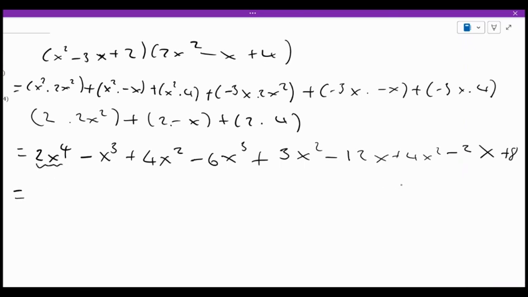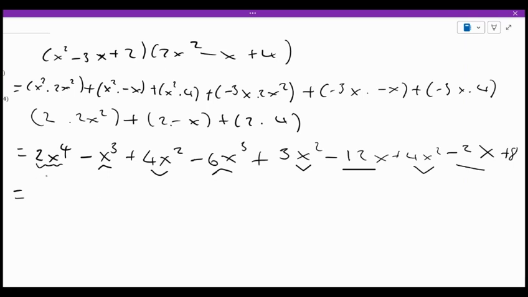X to the power 4, we don't have that. X cubed, x cubed. We look at x squared, x squared, x squared. And then we look at the x's. Here's an x, here's another x.